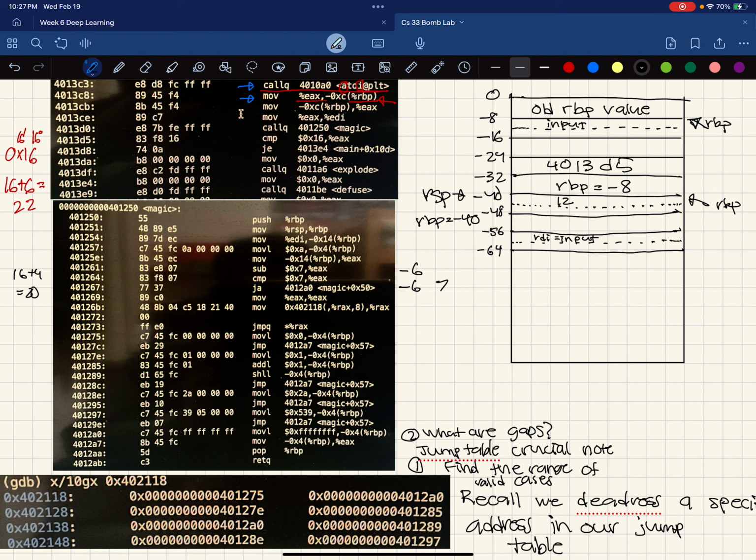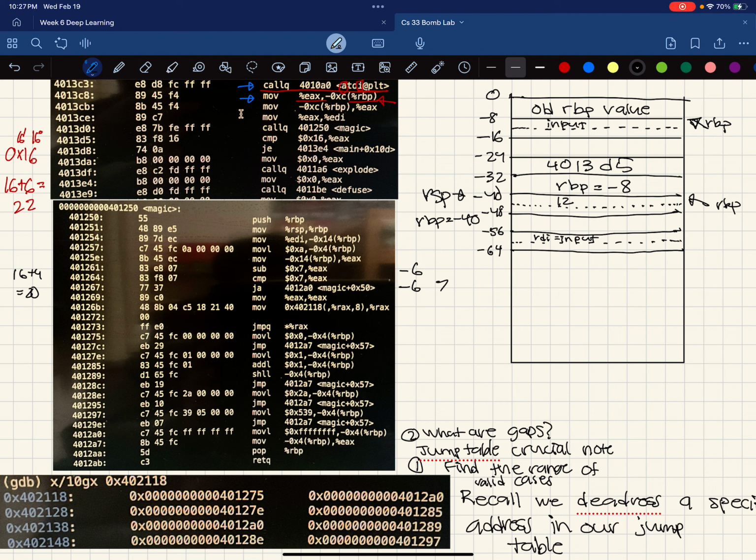Is -6 above 7? You might think, yeah, it's greater than 7. But that's JG, which means greater. Jump above is an unsigned comparison, and we all know that negative numbers, if interpreted as unsigned, always have a 1 in their most significant bit. So that means jump above, being unsigned, is going to be above. Or sorry, I shouldn't say greater, I should say above.